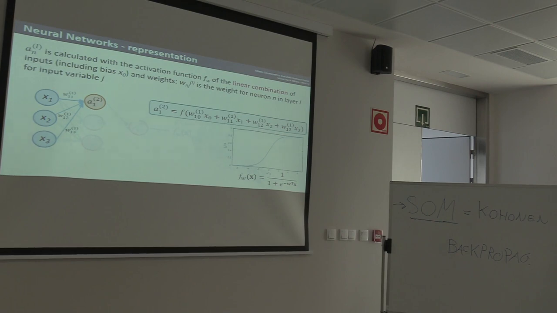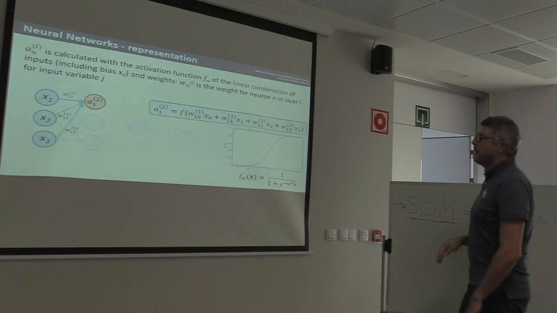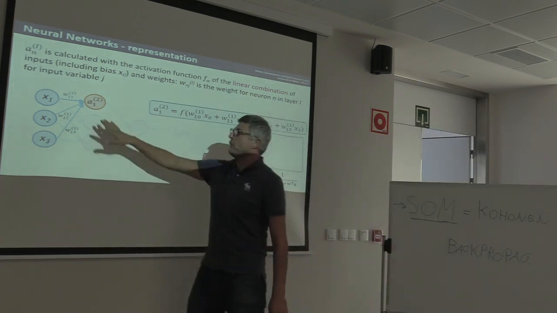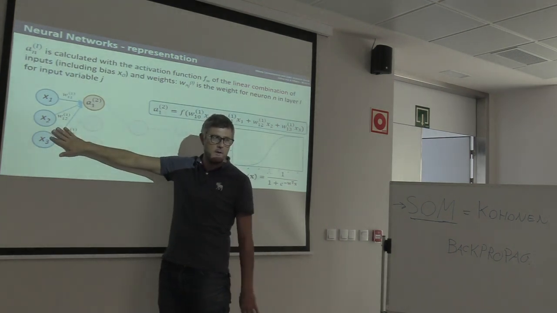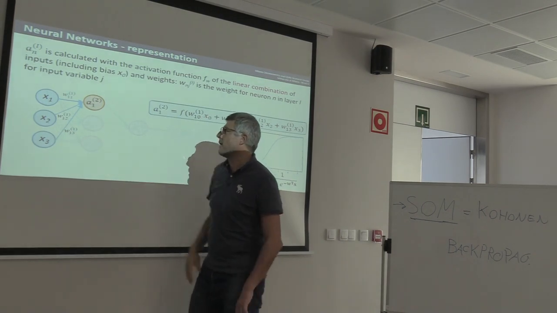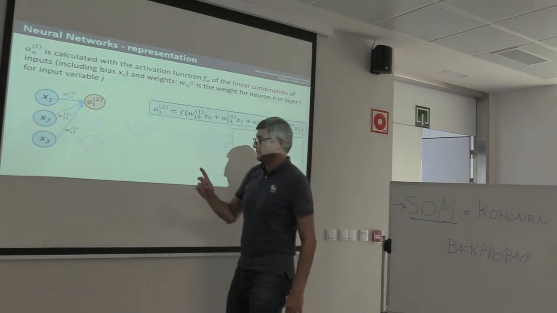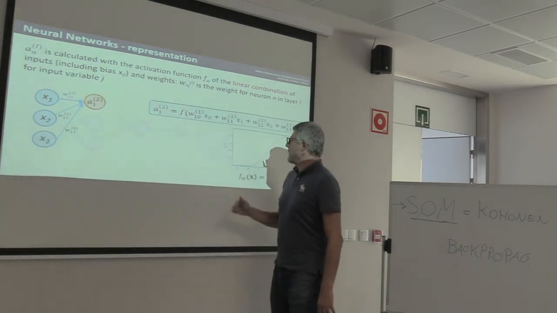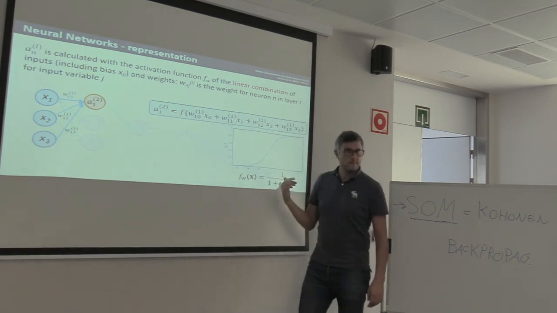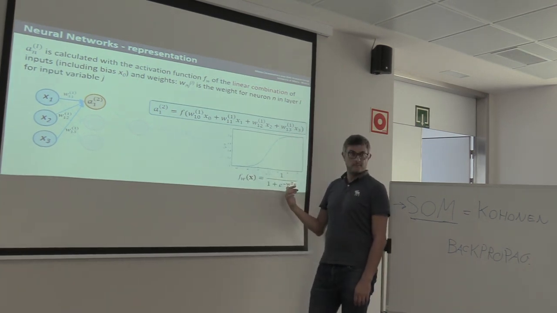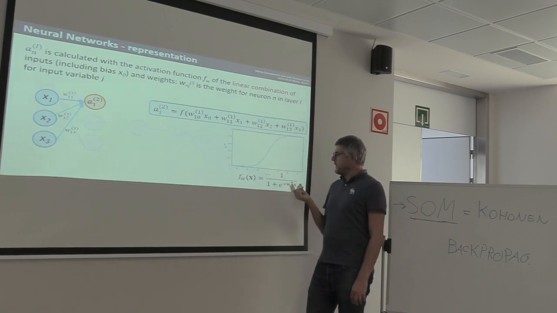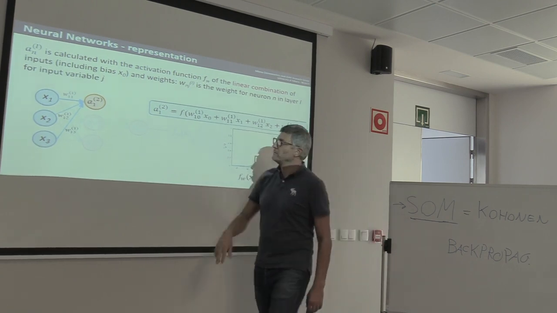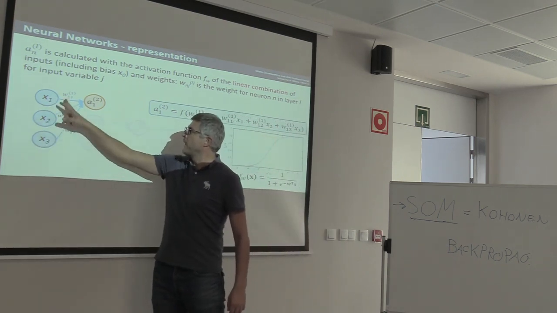Now let's do this without bias, just to make things a little bit clearer. We have a logistic function, which is this one, do you remember? It is based on the linear combination of the input and some weights.